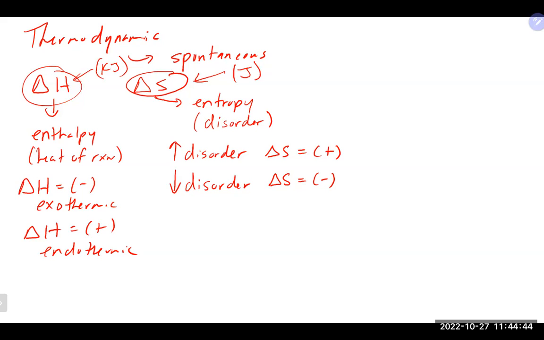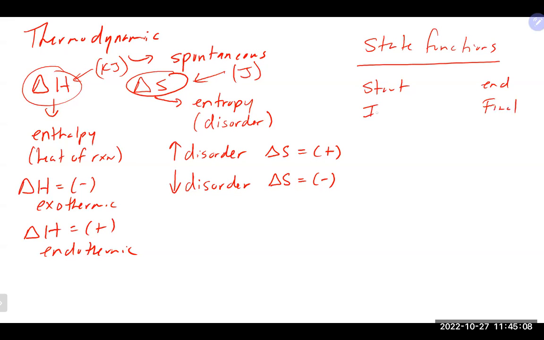At the very end, I think we finished up with the idea that entropy, like enthalpy, is a state function, right? State functions basically mean that the only two important aspects of the process are where you start and where you end. Your final and initial states are the two important parts.